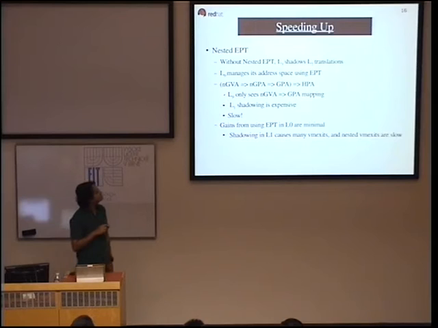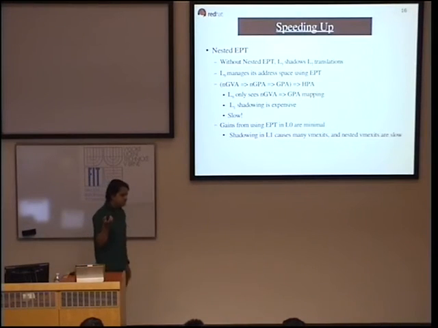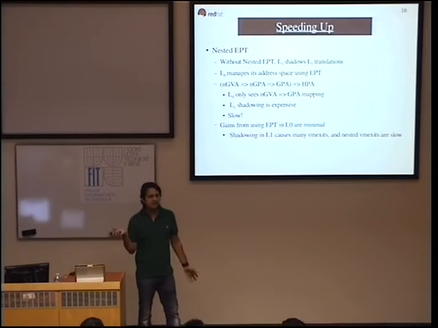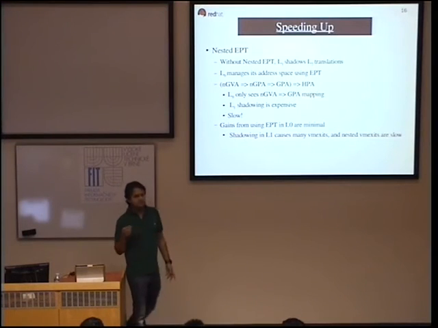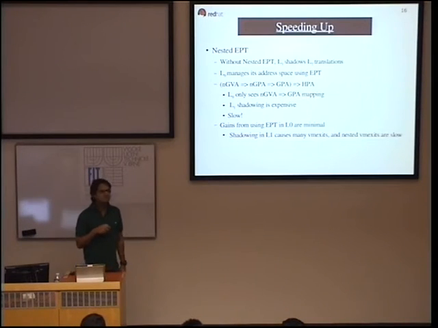The problem here is that this thing changes a lot. The nested guest virtual address to nested guest physical address mapping keeps changing when the level 2 guest creates new processes, kills them, modifies or clones them, whatnot. So there are a lot of VM exits.